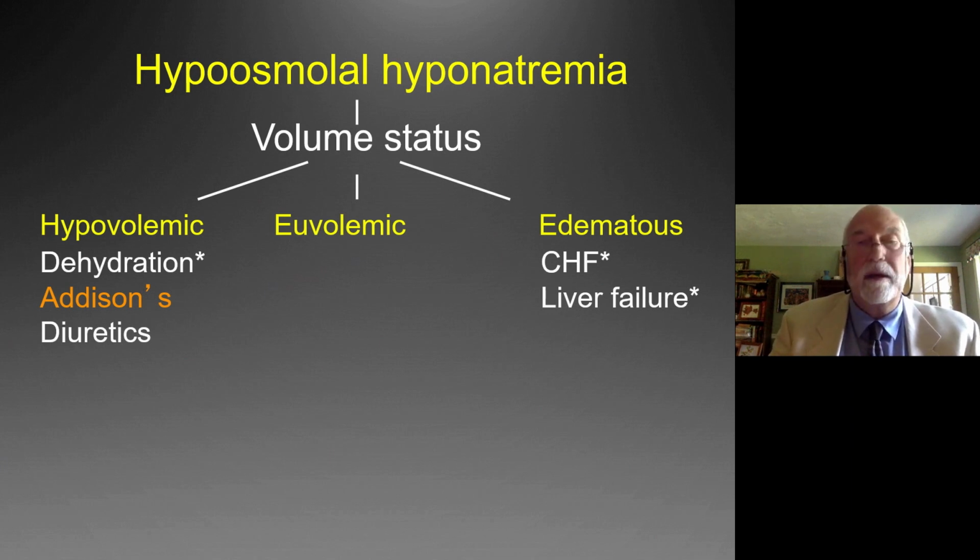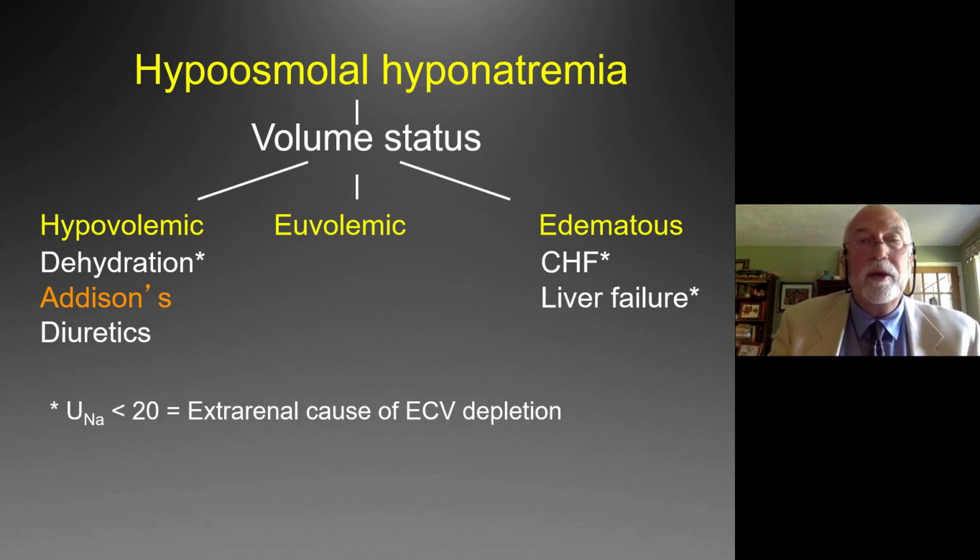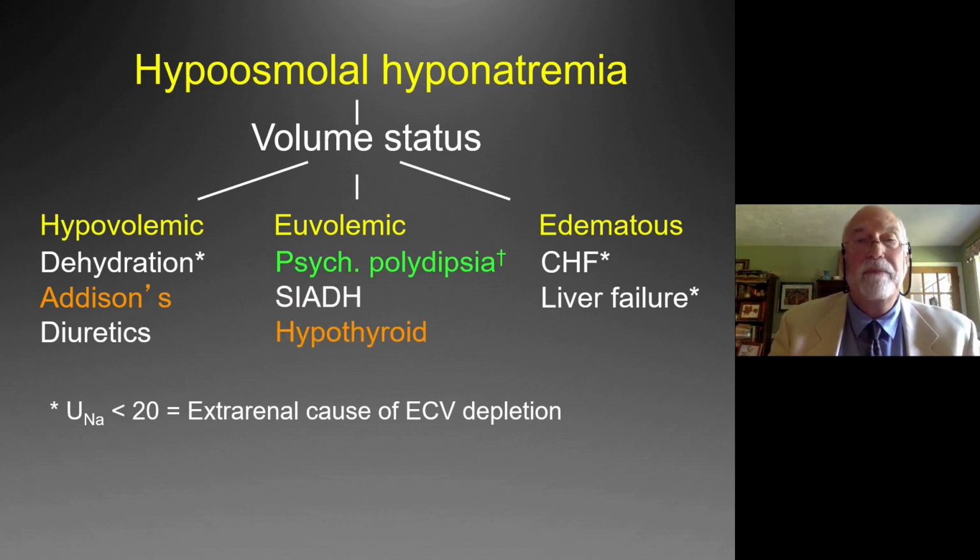And I'll show you that on a subsequent slide. Euvolemic hyponatremia, we'll talk about in a moment. These that are starred are characterized by activation of the renin-angiotensin system. And the hallmark of that is a low urine sodium. Again, urine sodium is determined by the renin-angiotensin system activation, whereas the osmolality will be determined by ADH activity.